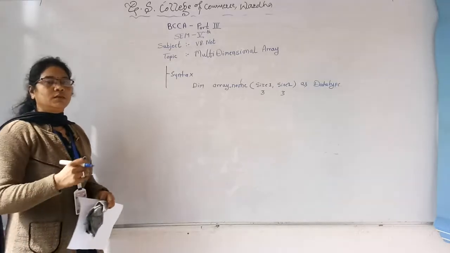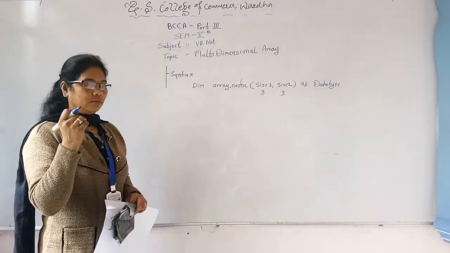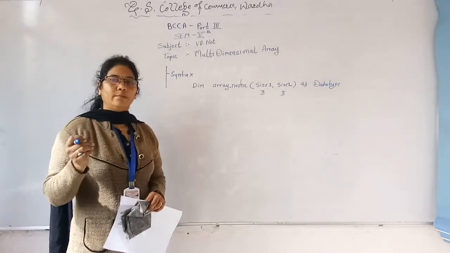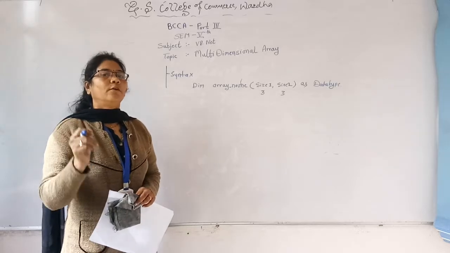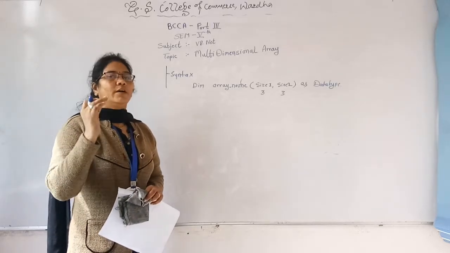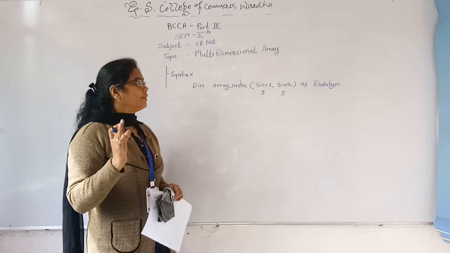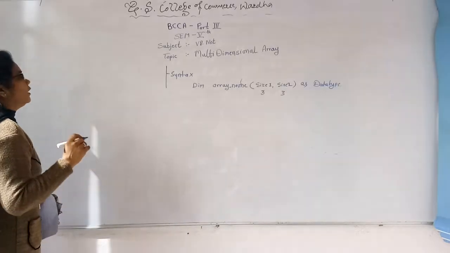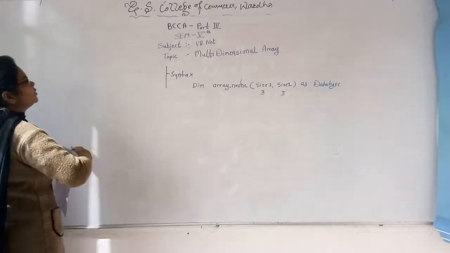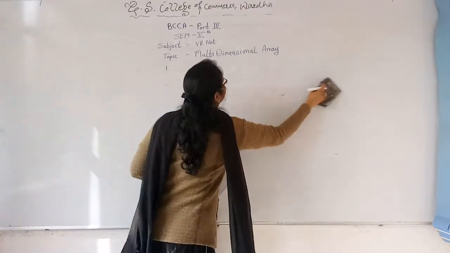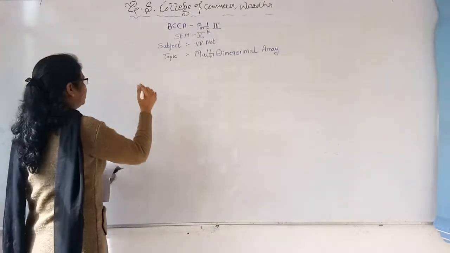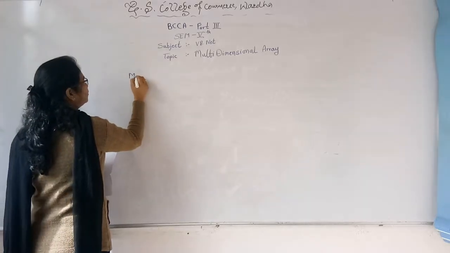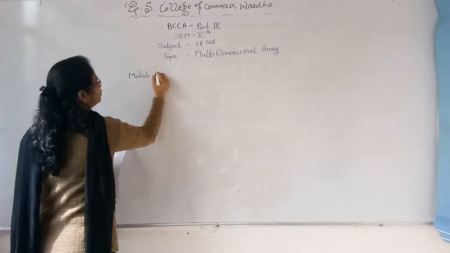The aim is to write a program in a VB.NET console program for displaying the sum of 3 by 3 matrix elements. Basically, for that I have to first write Module1.